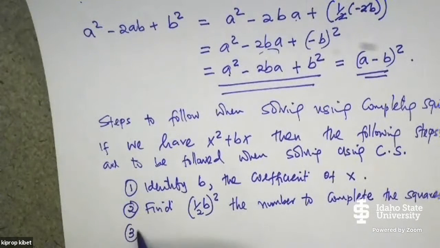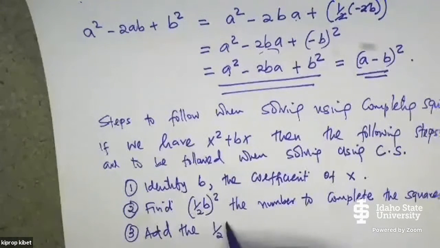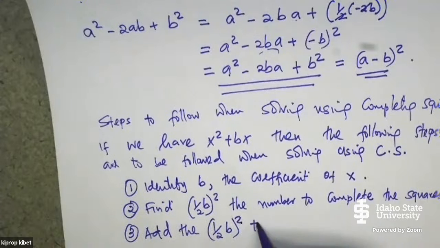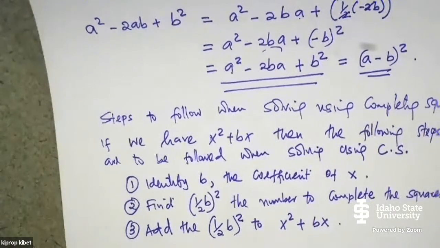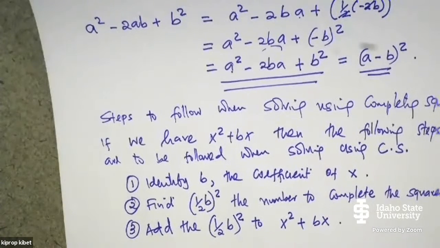Number 3, add half b squared to x squared plus bx.